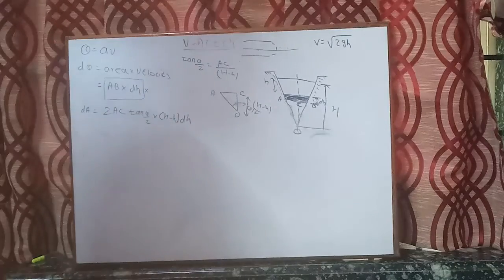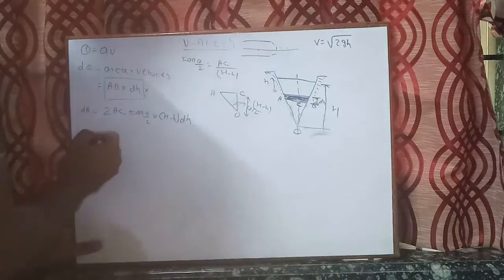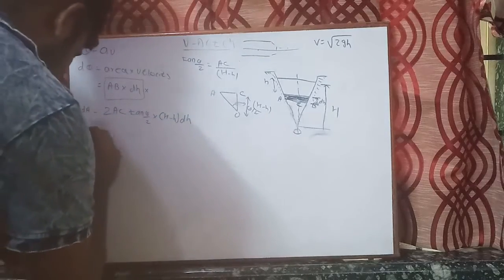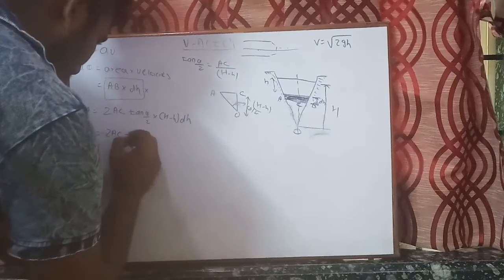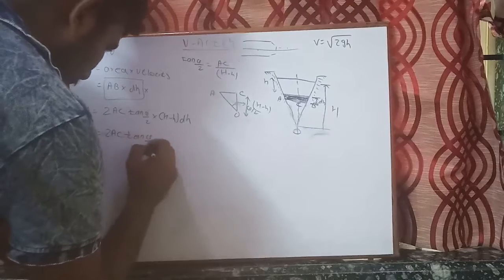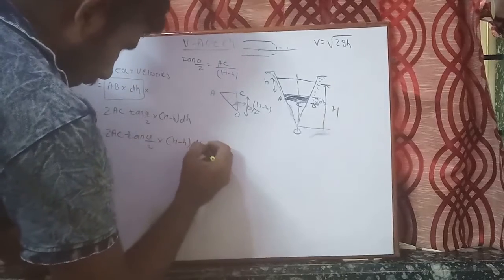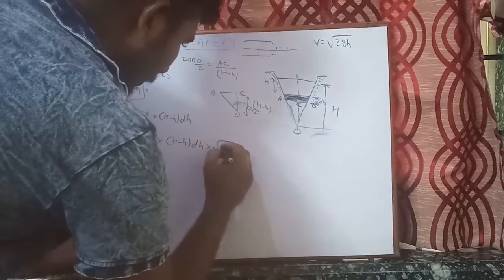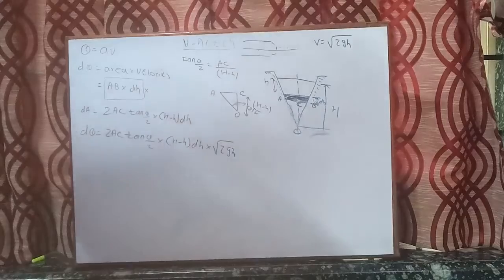So let's plug in both the entities into discharge. So your dQ will be 2 tan theta by 2 into H minus h into dh into root of 2gh.